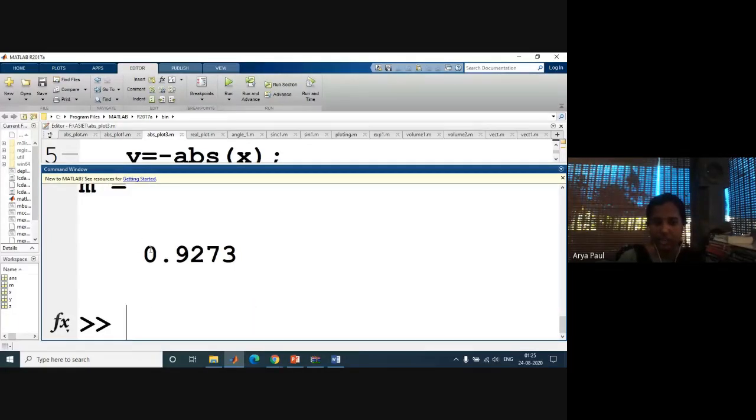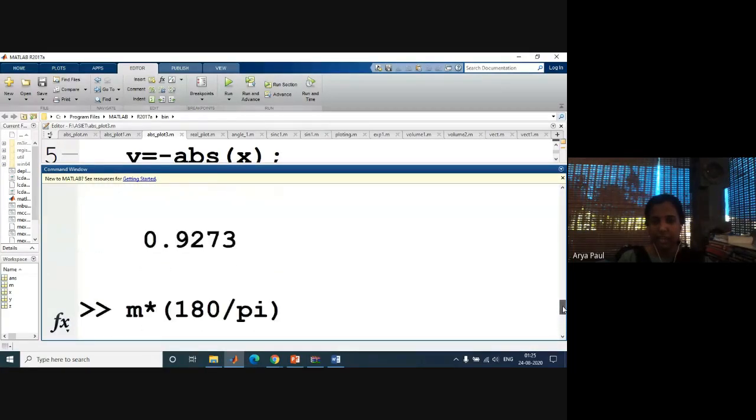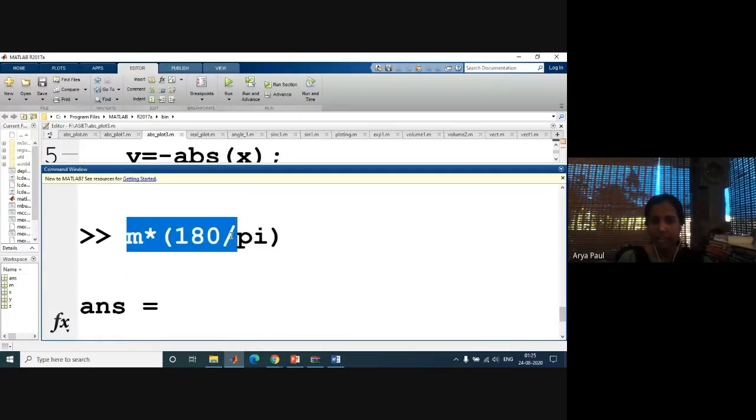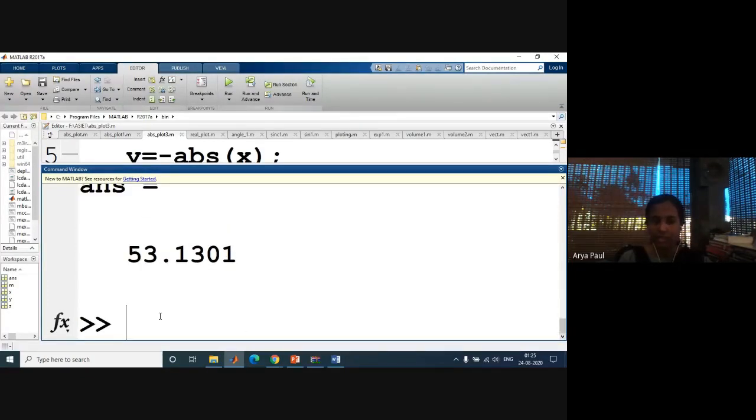This is my angle in radians, and to get it in degrees I multiply by 180 divided by pi. So 53 degrees will be equal to 0.9273 radians. If you want to convert it into degrees, you just multiply this with 180 divided by pi. I hope this is clear.